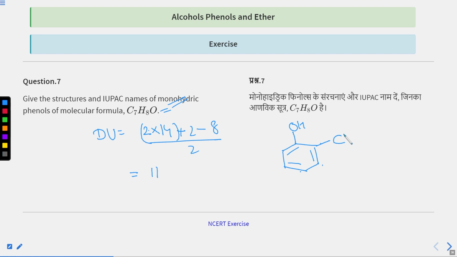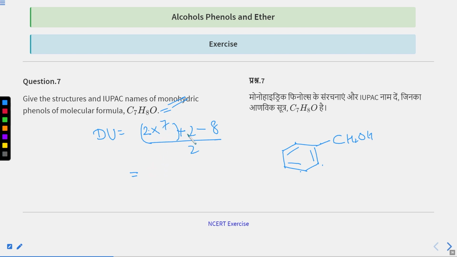So how will we name it? Can we name it in this way? CH2OH. Clear? CH2OH. Okay, so we have done it wrong here. 7 2s are 14.